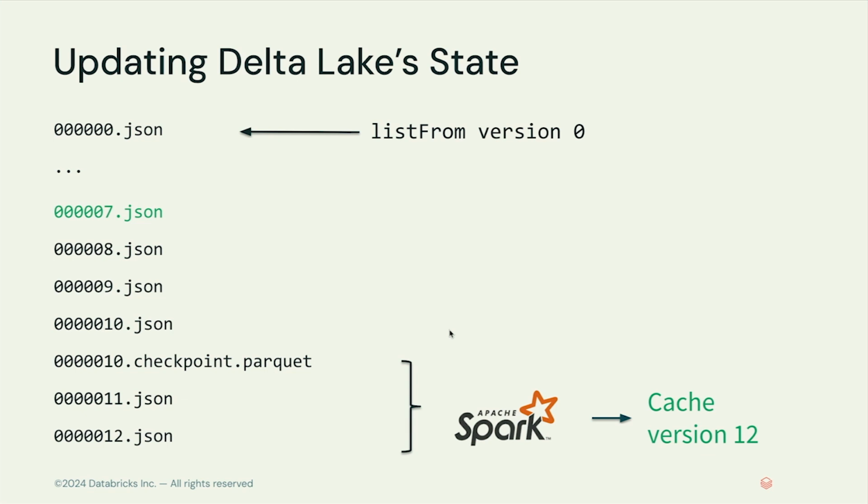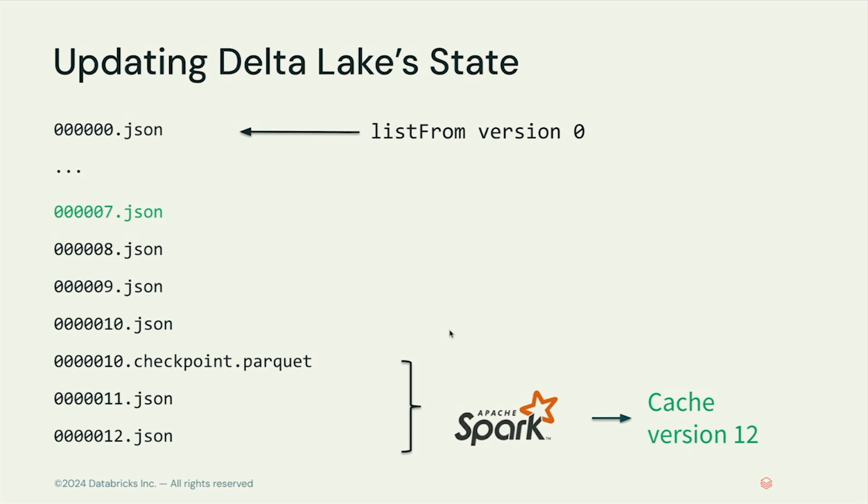And then we'll add more data. We have a cluster that's up and running. It has that version 7 table state that's cached. You then have another user come in and they do a bunch of updates to the table, or a bunch of appends. And all of a sudden, we get to what's called a checkpoint. A checkpoint is a way to take all of that JSON data. JSON's very verbose, kind of bloated if you ask some people. You take that data and you put it into a Parquet file.